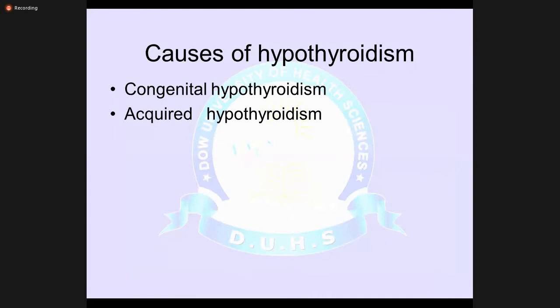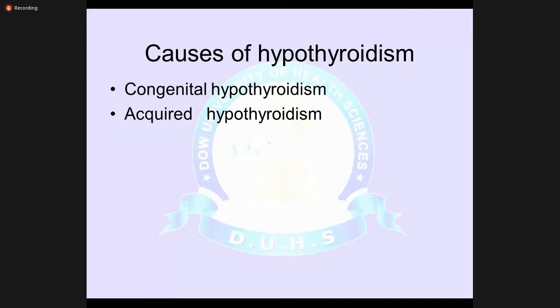Same hypothyroidism. Now, after knowing what is hypothyroidism, what is primary hypothyroidism, what is secondary hypothyroidism, what is tertiary hypothyroidism, and what are the signs of hypothyroidism in a neonate, in an infant and child, now we should know what are the causes of hypothyroidism.